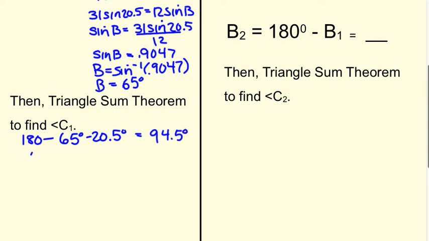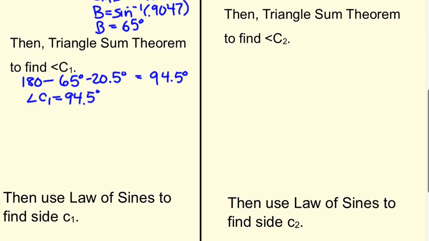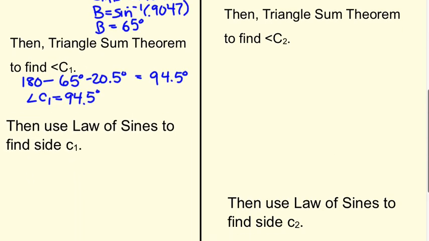Now we know angle C1. To find side C1, we would use the law of sines again. I'm just going to set it up: C over the sine of C equals B over the sine of B. Then you'd use cross multiplication and find that. I think we've done enough of the law of sines. You're probably comfortable with finding that last side.